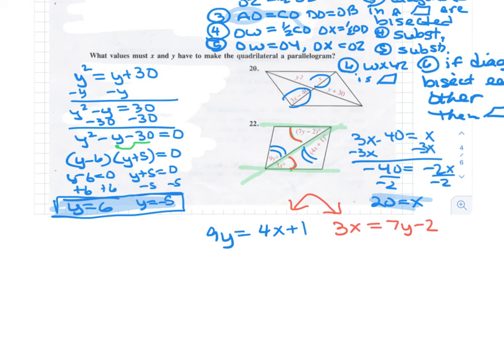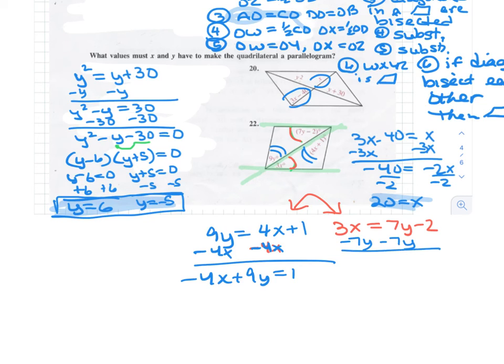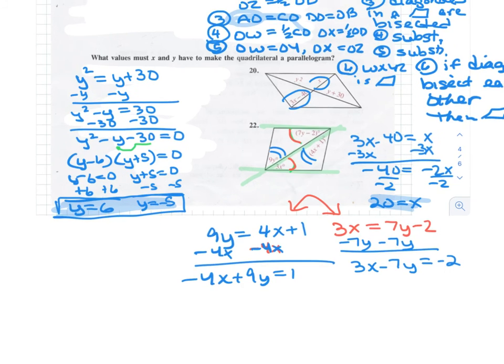Now I'm going to go ahead and get it into standard form. So what I'm going to do is move the 4x to the other side, and let me do this one in blue. So negative 4x plus 9y equals 1. Over here I'm going to move the y over. 3x minus 7y equals negative 2.